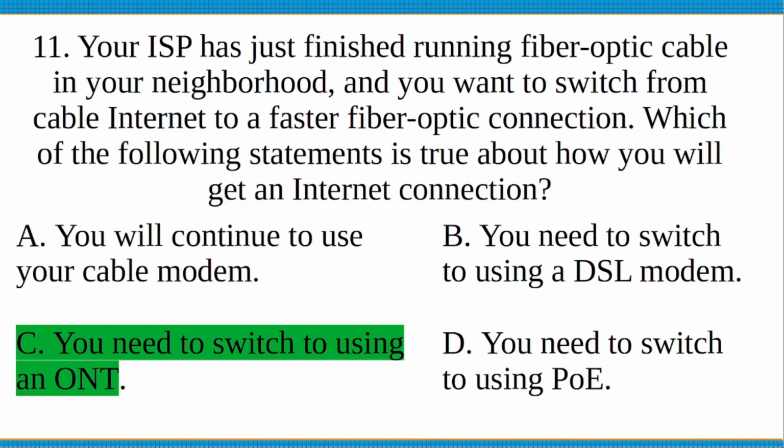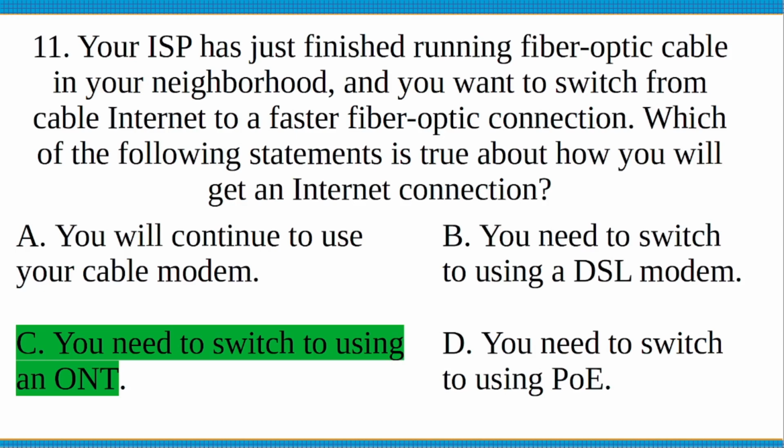Fiber optic internet connections use an optical network terminal, which is ONT, to terminate the fiber and translate it into a digital connection over copper cable inside your home. A cable modem and DSL modem connect copper to copper.